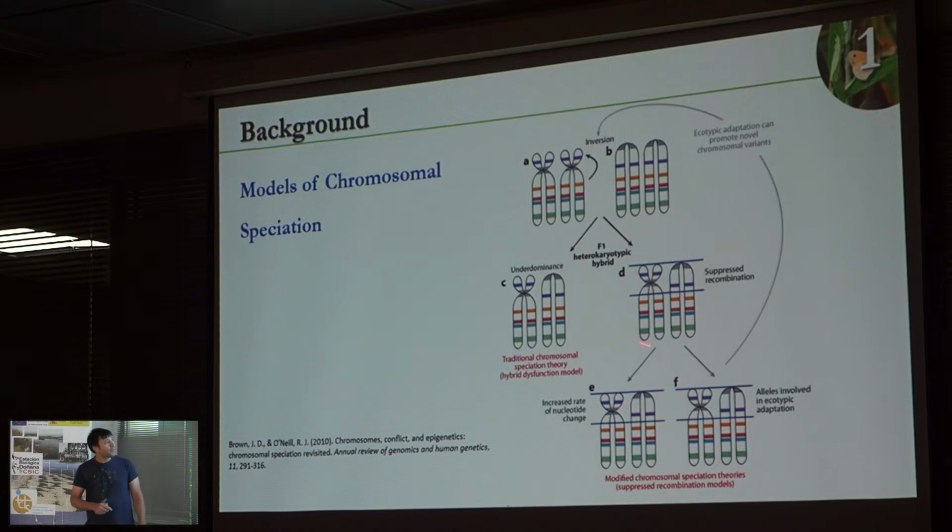And then we have the suppressed recombination model, in which we don't have this strong selection against the heterozygotes, but we have a region in the genome in which there is no recombination, and typically we have an increased rate of nucleotide change, and sometimes we may even have clusters of genes or supergenes that are in this region where we don't have recombination, and this cluster of genes may be ecologically adapted, and this may promote speciation.